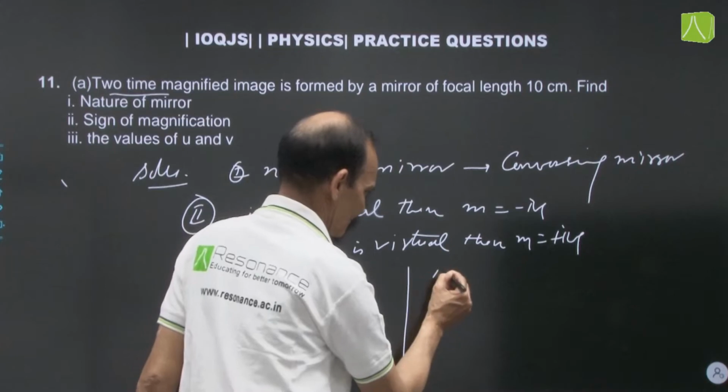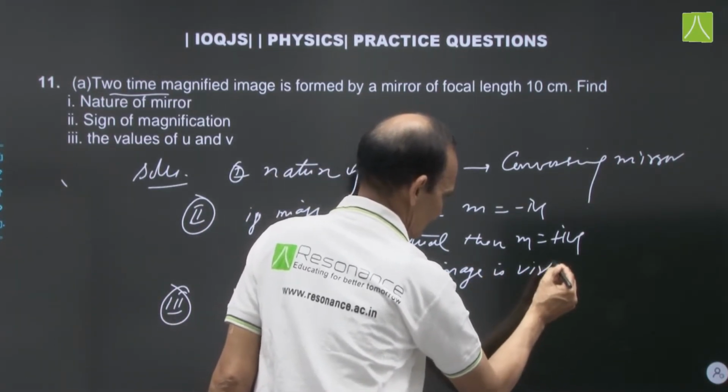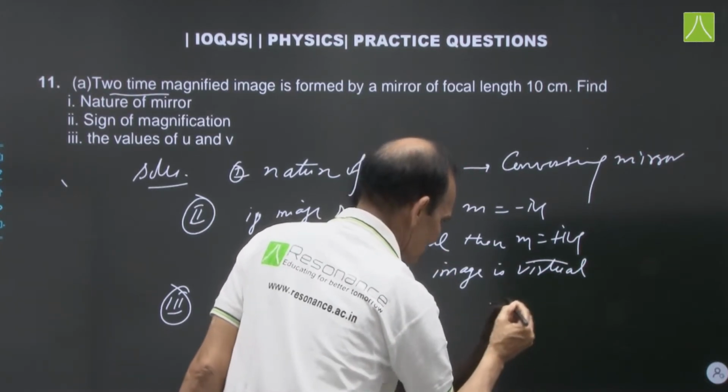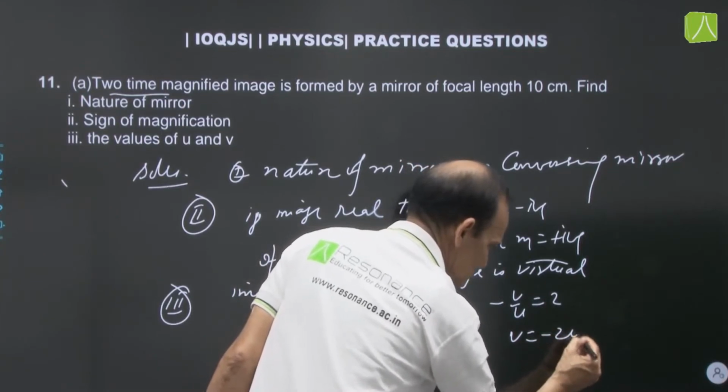Image is virtual, then minus V upon U is equal to 2, V is equal to minus 2U.